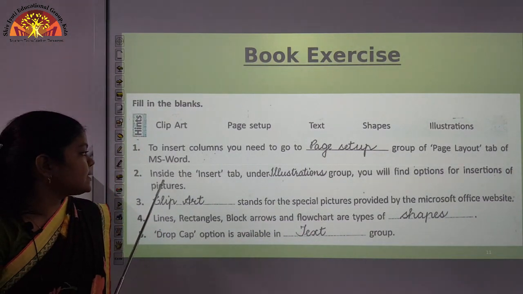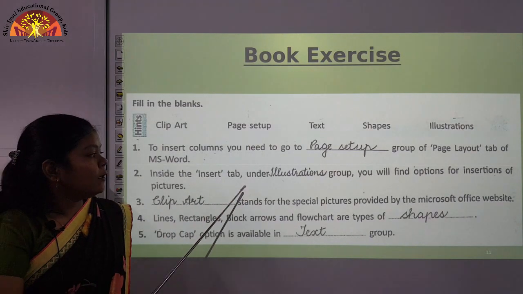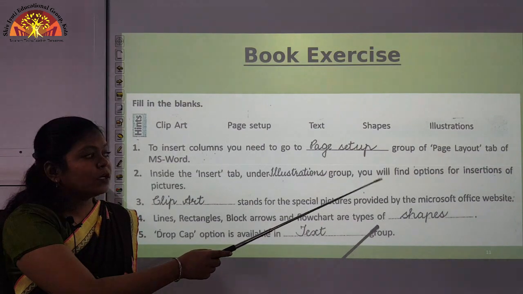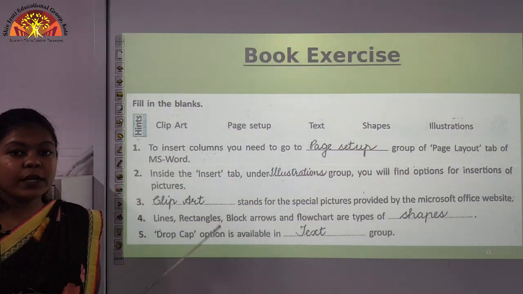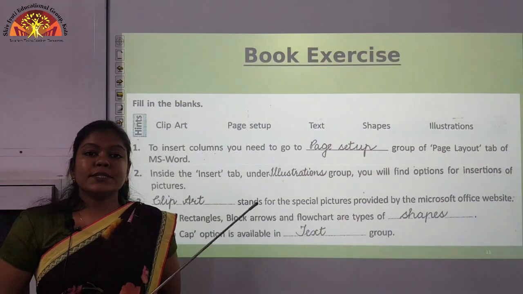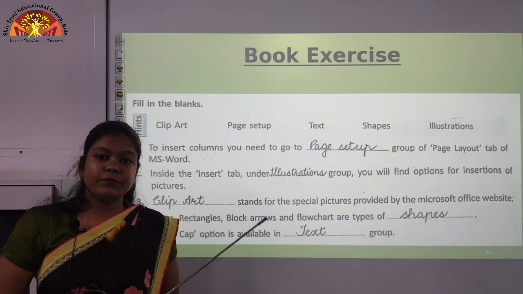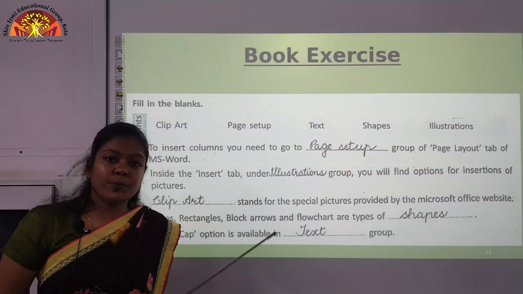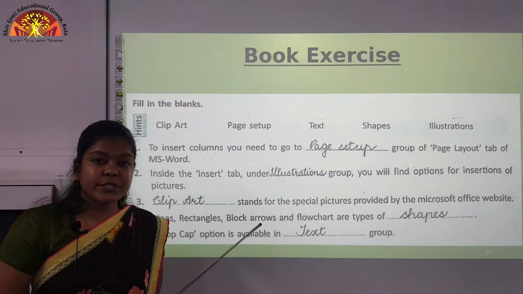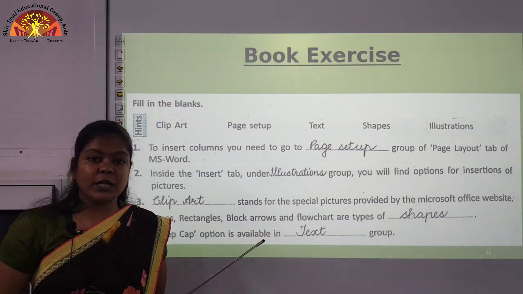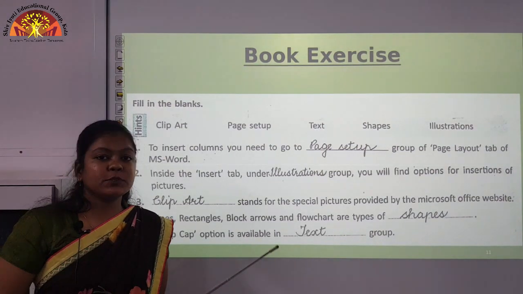Next fill up is, inside the insert tab under dash group, you will find option for insertion of pictures. So, students, we know to insert the pictures, first we have to click on the insert tab, then we have to go in the illustrations group. Here we have three options: we have pictures option, we have online pictures option and we have shapes option.